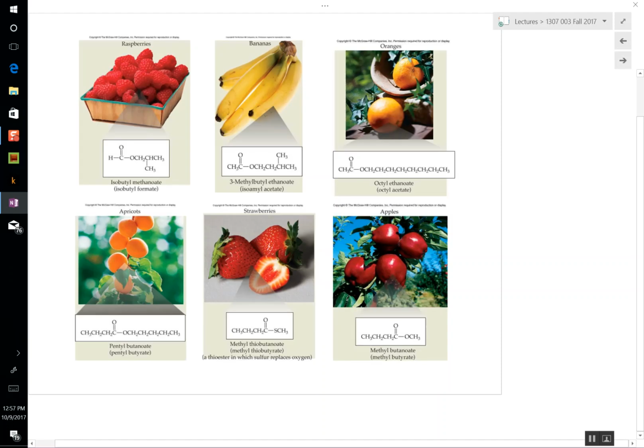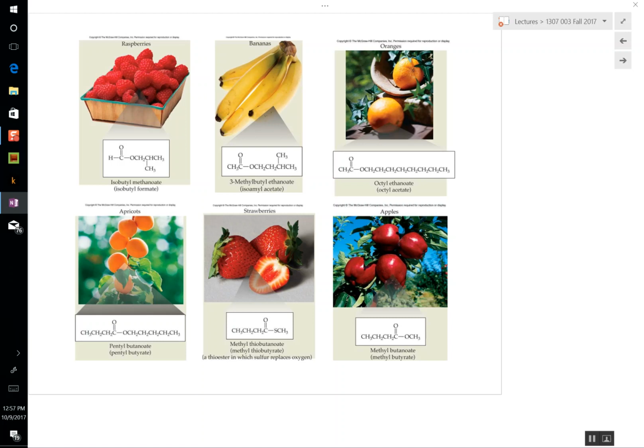Pineapples. Each of these fruits has a different ester. Isobutyl methanoate, 3-methylbutyl ethanoate, octyl ethanoate, methylbutanoate. We'll get into how to name these. But there's the ester coming off of apples, off of peaches, or apricots here.